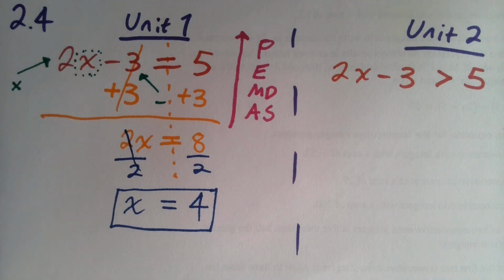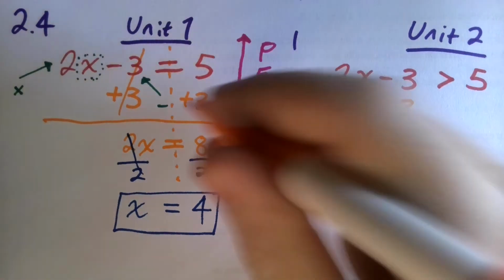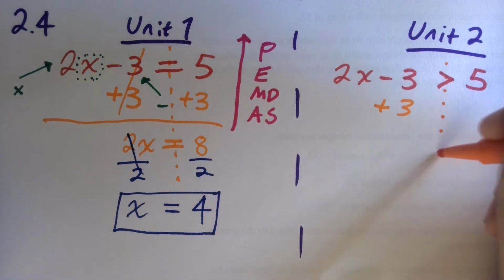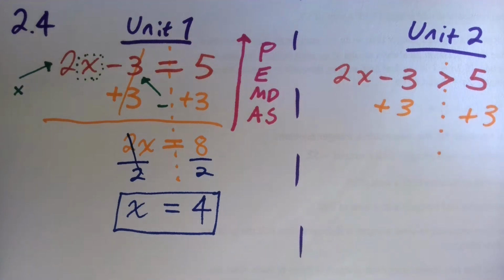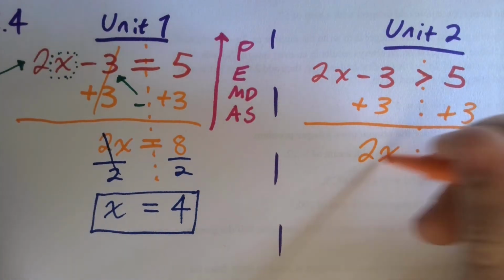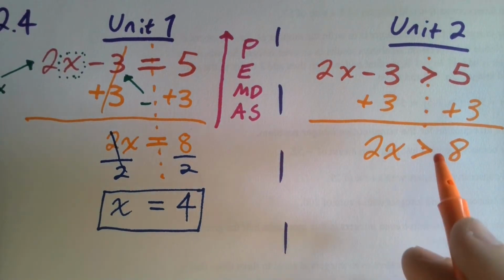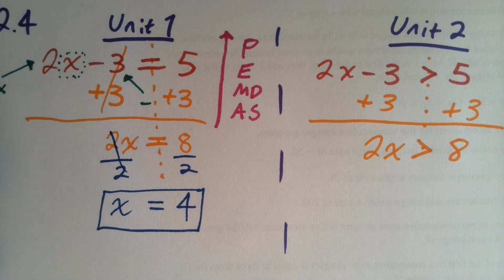So we're going to follow the exact same steps we did over here. What was the first thing we did? We added 3 to both sides of our, here was an equal sign, here we're adding it to both sides of our inequality symbol. So that'll give us 2x is greater than 8. I'm keeping it as a greater than symbol because we didn't multiply or divide by a negative.